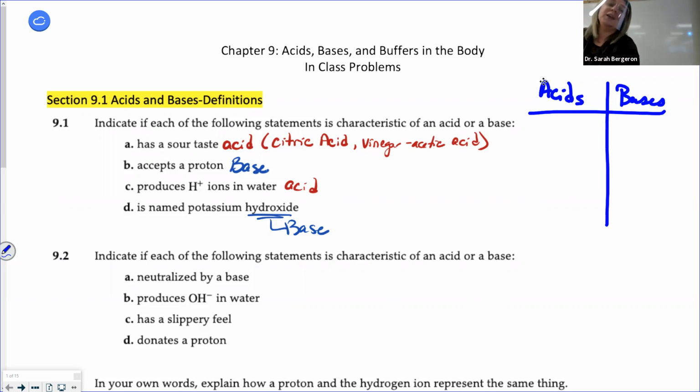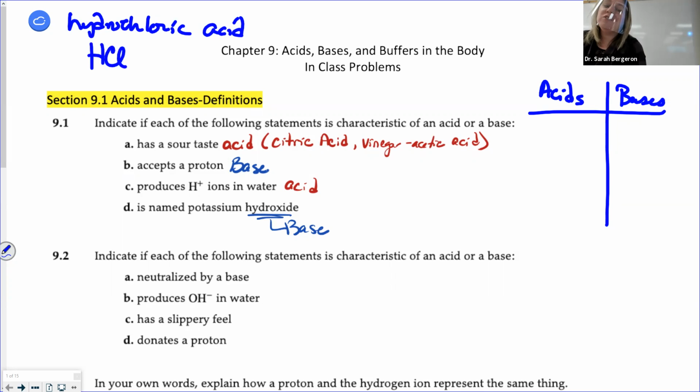If I have, for example, hydrochloric acid, this is an acid that's inside your stomach, right? Your stomach has a really, really low pH, so it has hydrochloric acid in it. HCl, if I put this in water, what's my dissociation reaction? What's one of my products?